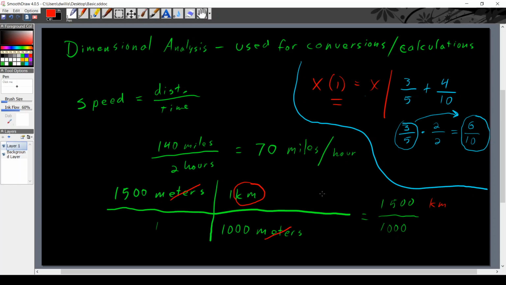And I have kilometers as my remaining unit. So that will then equal 1.5 kilometers. Okay? Realize I wrote that kind of small and off to the side, but just trust me, it says 1.5 kilometers. And that's what you get when you do the division and cancel out the units that are in the numerator and the denominator.